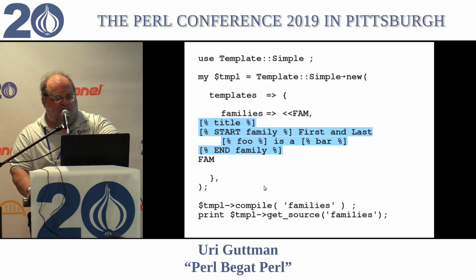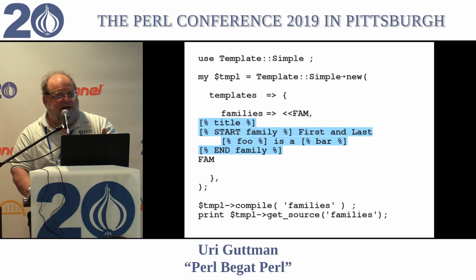Start and end mark what's called a chunk, which will be matched onto a hash for replacement by its keys and the scalars, foo and bar. So we have a family chunk here, but also the whole thing is an unnamed chunk. We'll talk about that a little later. The top level is an unnamed chunk, and then you can have nested, recursive chunks all you want.